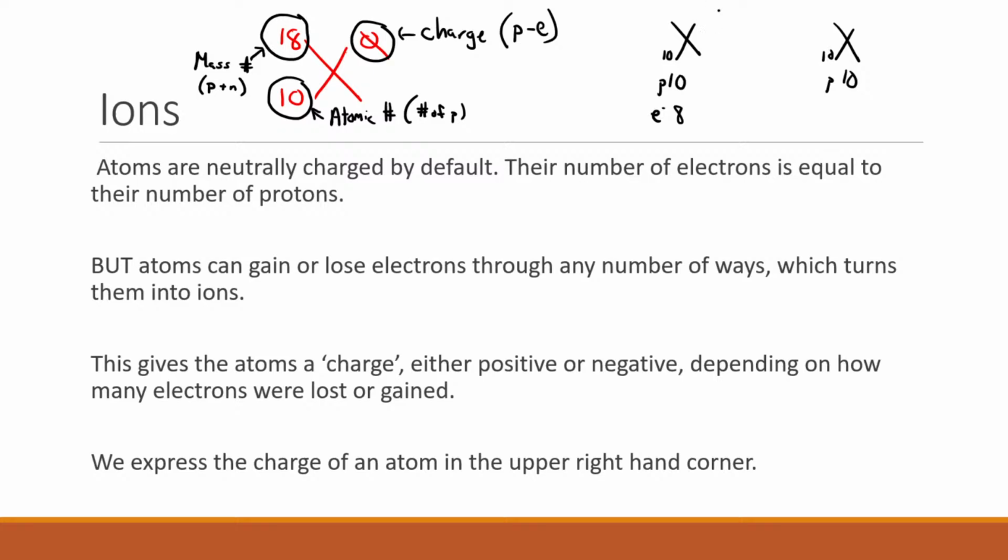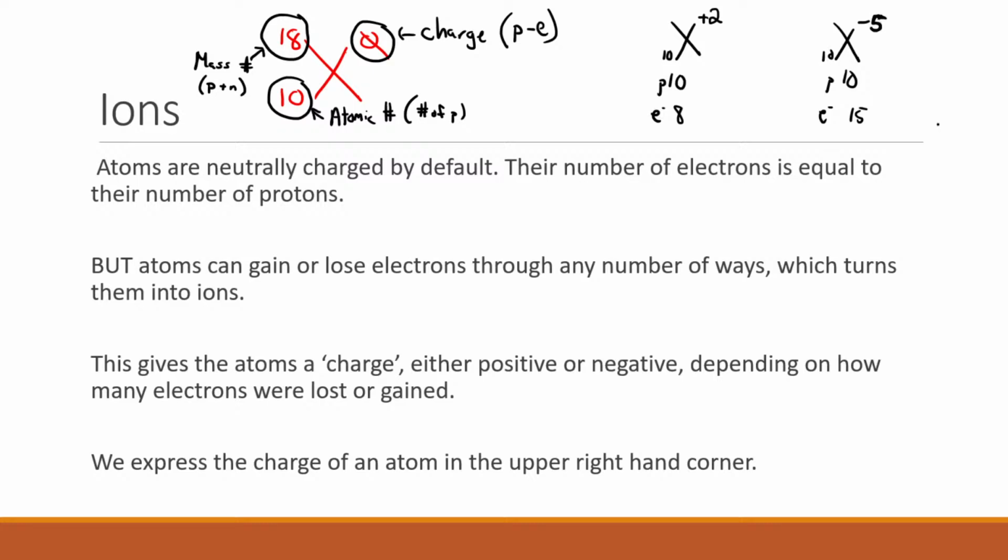My total charge is actually going to be positive 2. I have lost 2 negatives, so my balance swings towards the positive. If I end up with 15 electrons, my total charge is going to be a negative 5. Because I have gained 5 more negatives. Now my negatives outnumber my positives by 5.